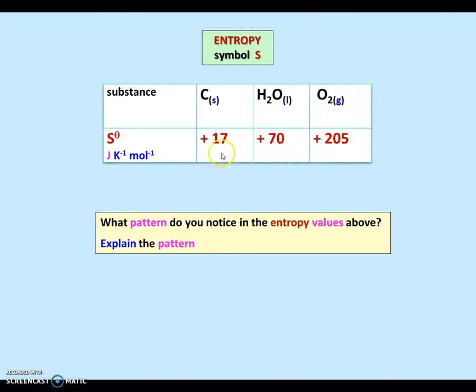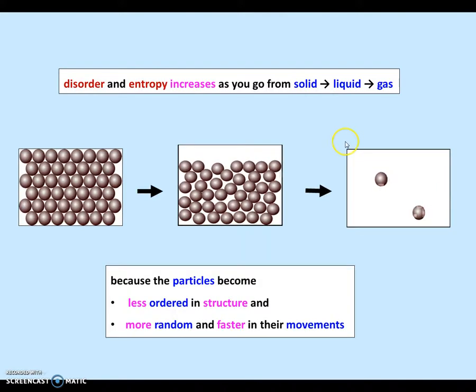Well, the main thing you can infer is that there's a greater entropy going from a solid to a liquid, and going from a liquid to a gas. We're going to explain this on this next slide. It's because the particles are moving more, there is more disorder, and certainly in the gaseous state, we've got random motion.